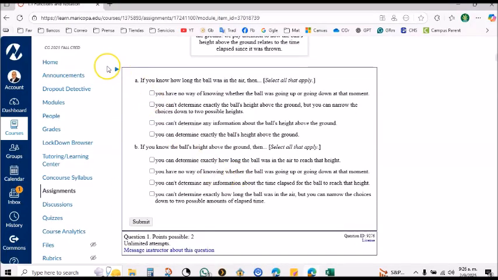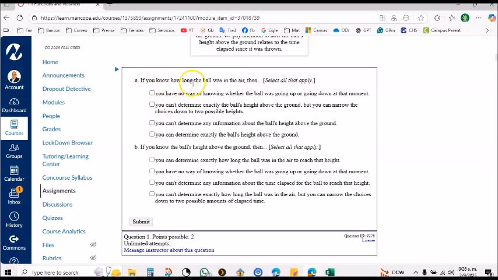Then we will have to answer some questions. Part A, part B, and then here you have submit and message instructor if you have any question. So read carefully. If you know how long the ball was in the air, then you have 4 choices. Remember, you have here unlimited tries.